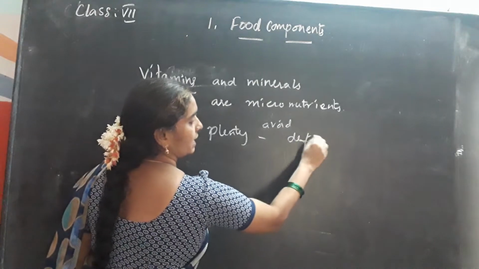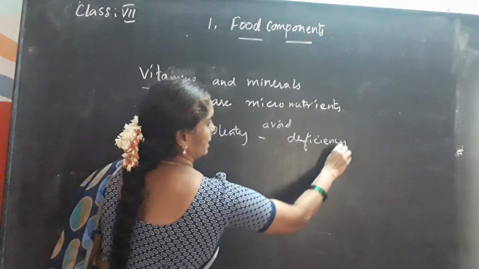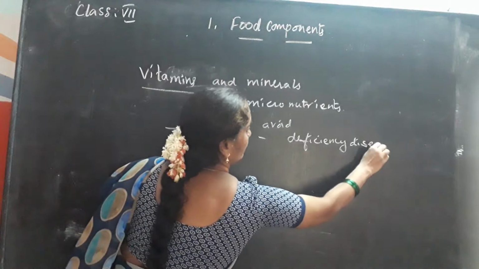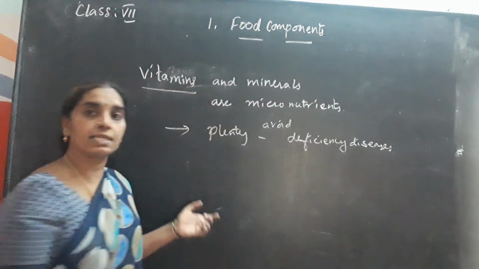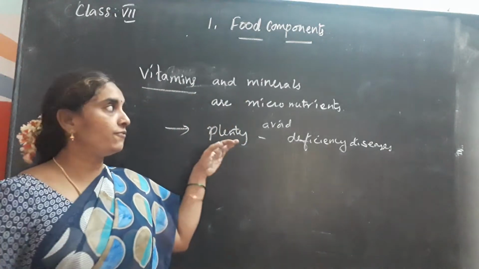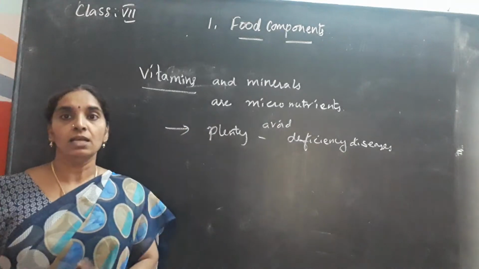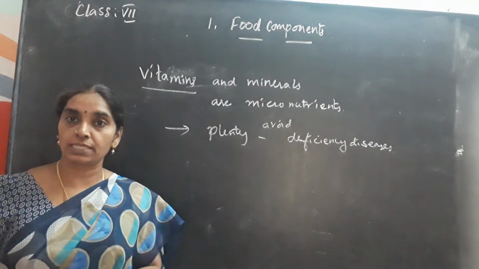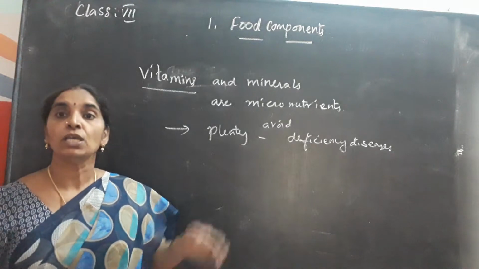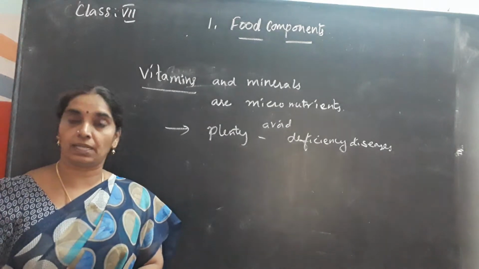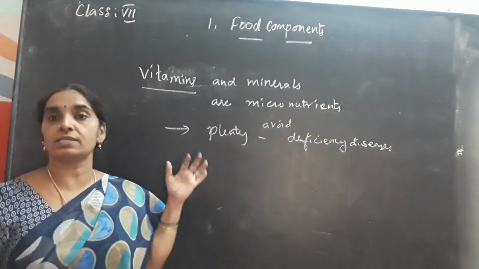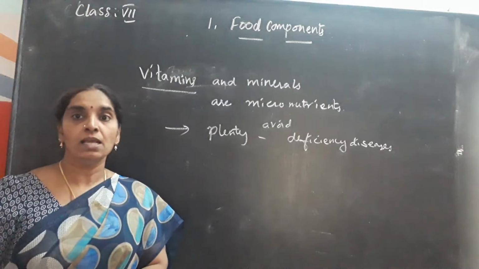So we can prevent so many diseases that are caused due to the deficiency of these vitamins and minerals. We will see what deficiency diseases we suffer from due to the lack of these vitamins and minerals, and also the sources that provide them.